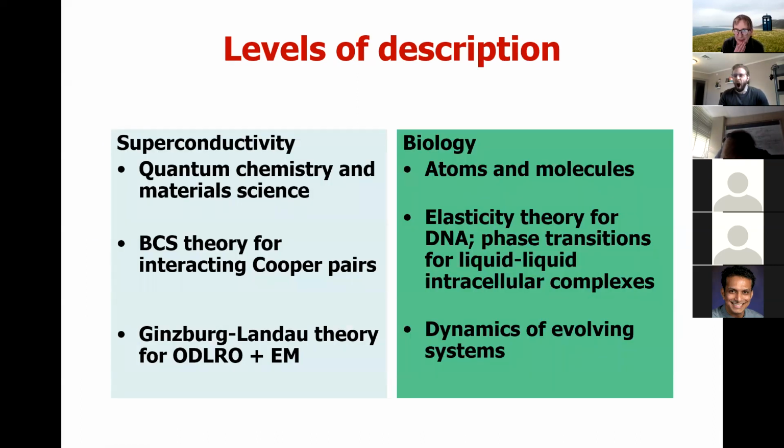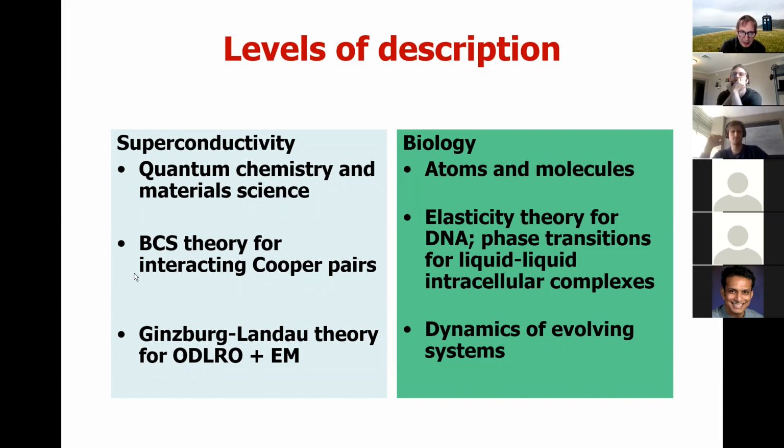So let's talk about the levels of description in superconductors and compare and contrast that with the levels of description in biology. So here on the left is superconductors. At one level of description, you might be talking about quantum chemistry and material science, solving the Schrödinger equation for the atoms that make up the material.